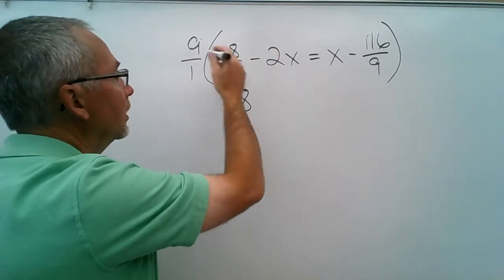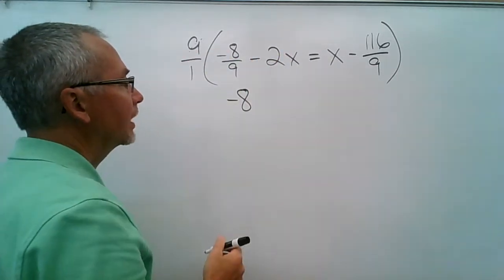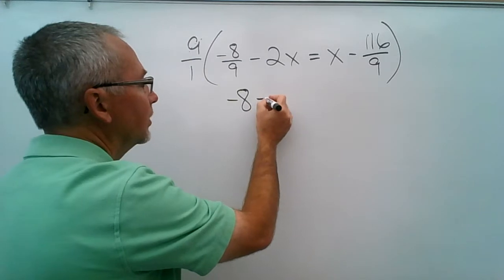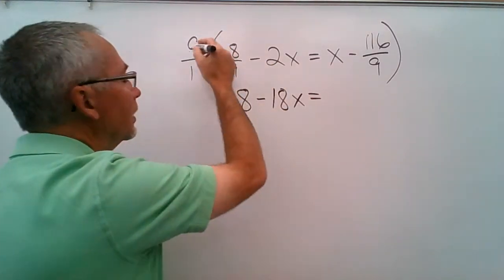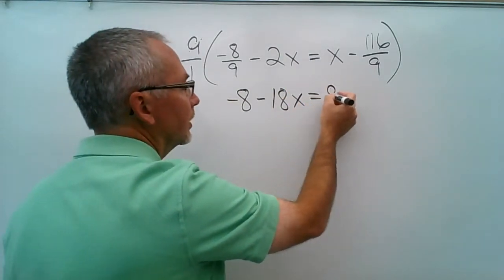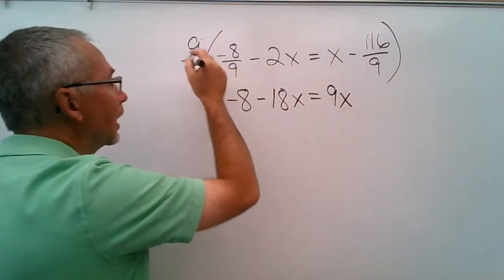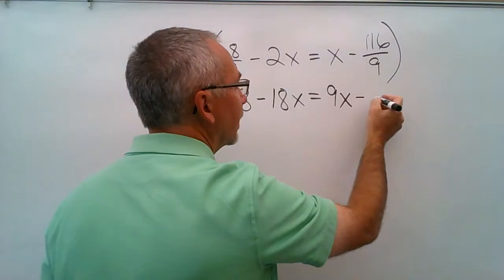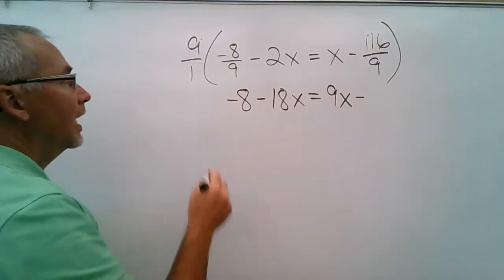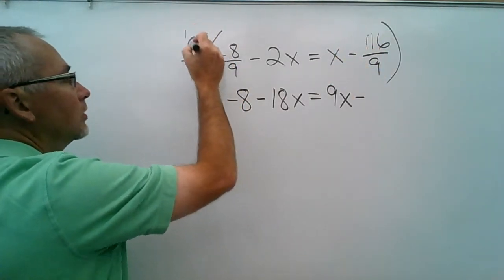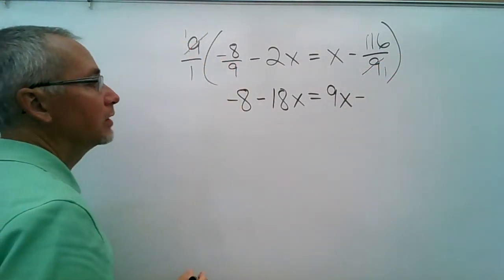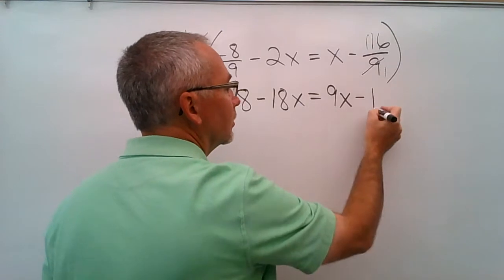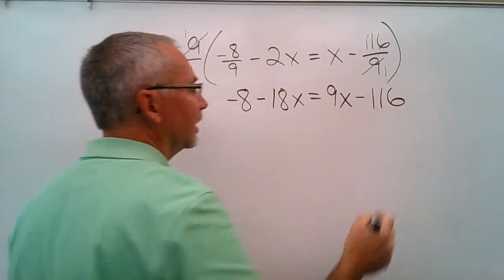Then I come over here, 9 times the negative 2x would give me minus 18x. 9 times x is 9x. And then 9 times a negative 116 over 9, again, I'm going to cross cancel. And I've got basically 1 times 116, which is 116.